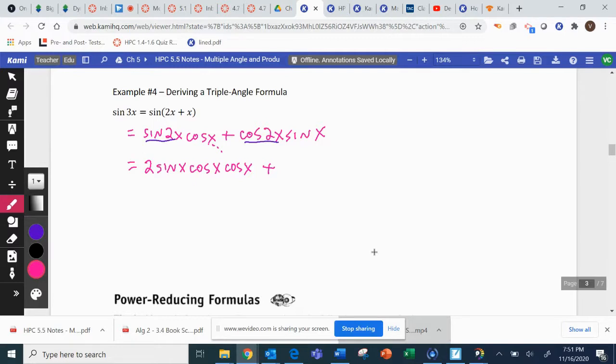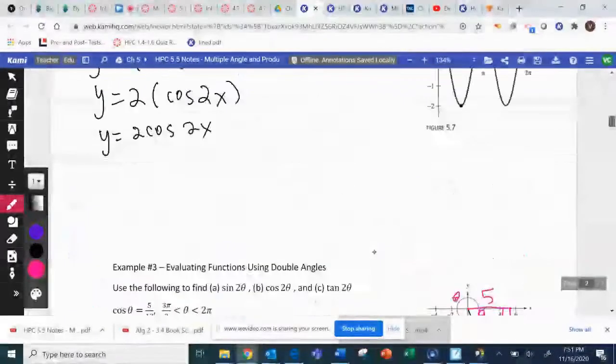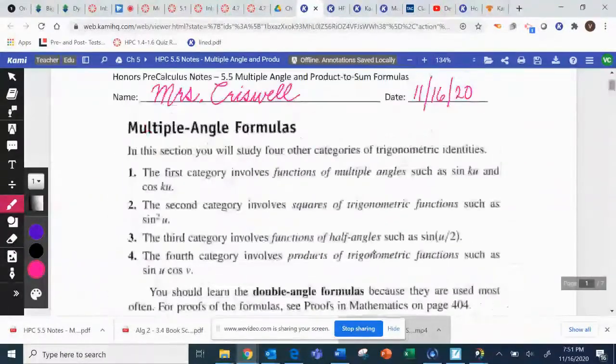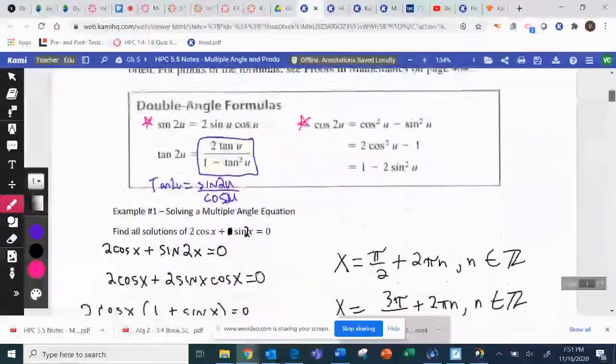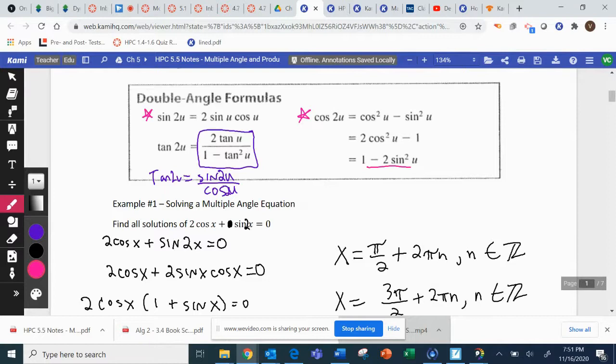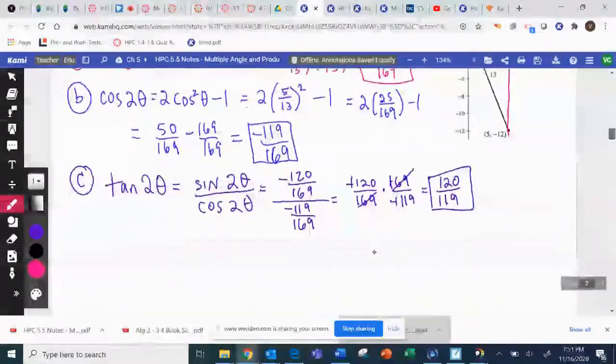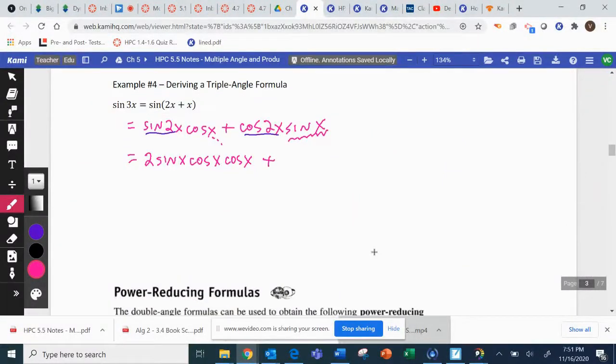But since I am multiplying it with a sine x, I think I'm going to use the one that is all sines. So 1 minus 2 sine squared x, times sine x.